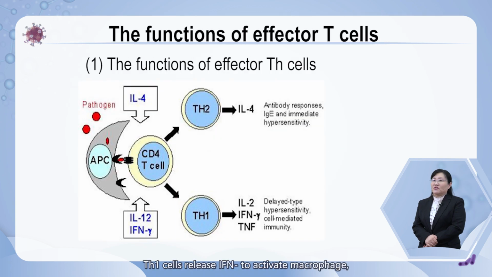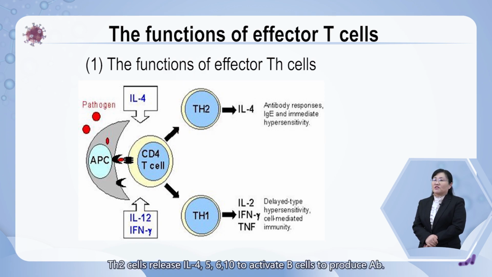Th1 cells release interferon gamma to activate macrophage, mediate inflammatory reaction, and inhibit the functions of Th2 cells. Th1 cells release interleukin-2 to promote the proliferation and differentiation of Th1 cells and TC cells.